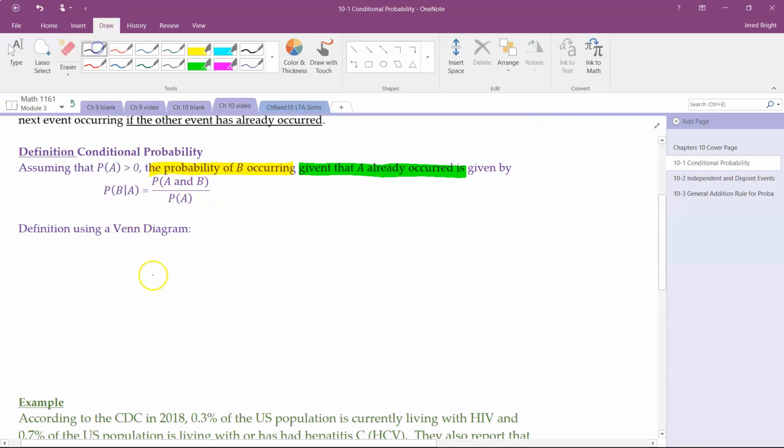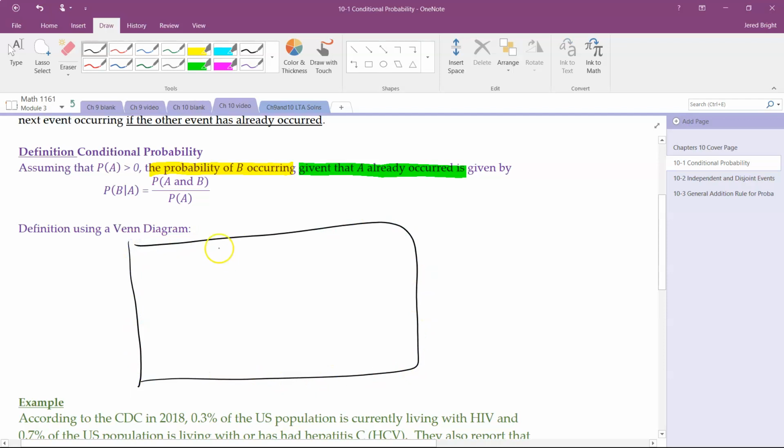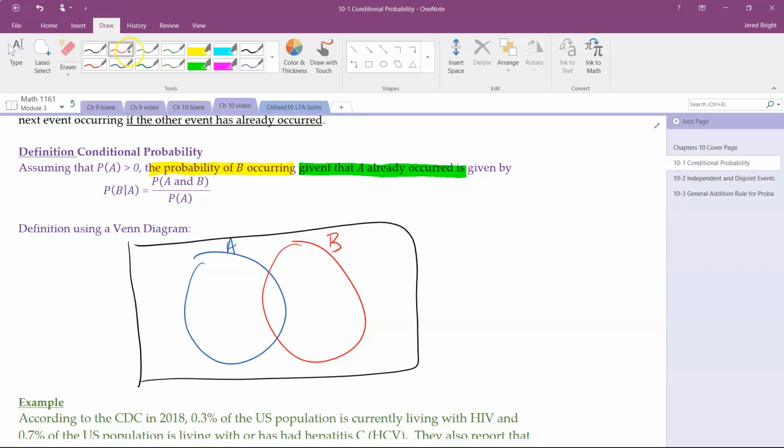So if we think about a general Venn diagram, let's say here is A and here is B. Since we know that A occurs, we're looking already in just this part of our sample space. We're saying that A occurs, and if A occurs, what is the chance that B happens?